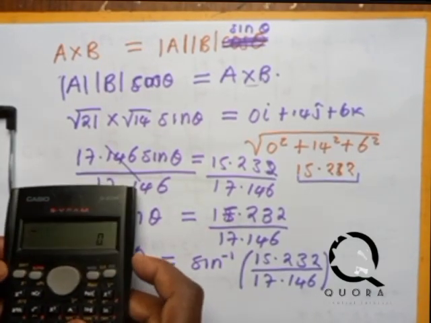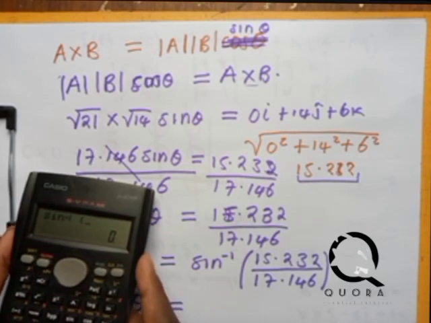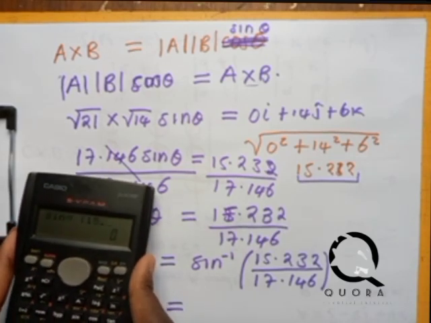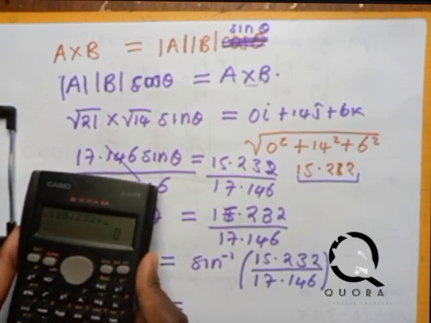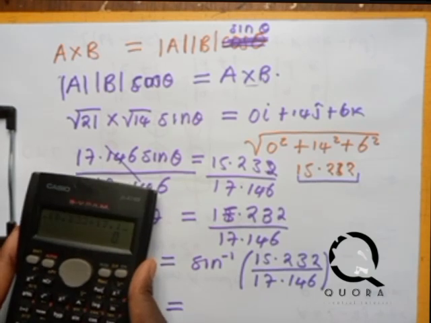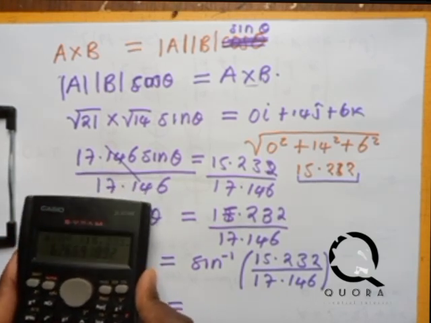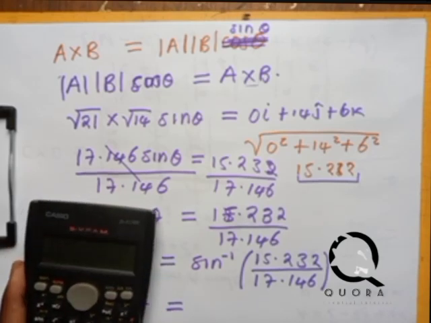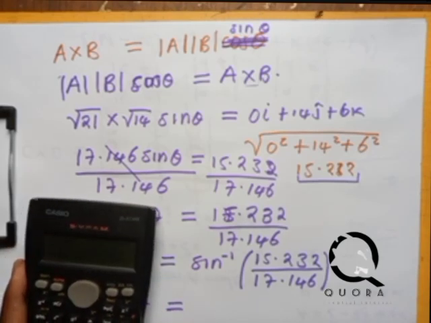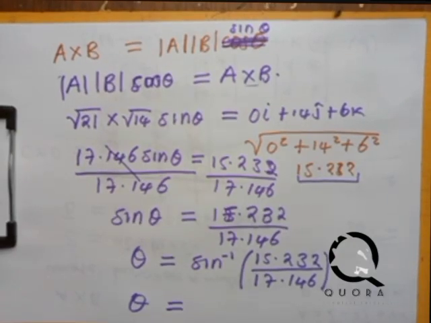Now, sine theta has to be equal to, I'll just punch this direct, 15.232 divided by 17.146. Close, and we are getting the angle as 62.7 degrees. That is the angle that we are going to have.